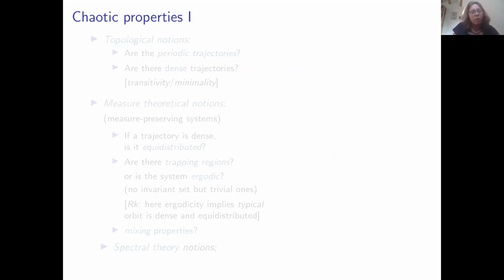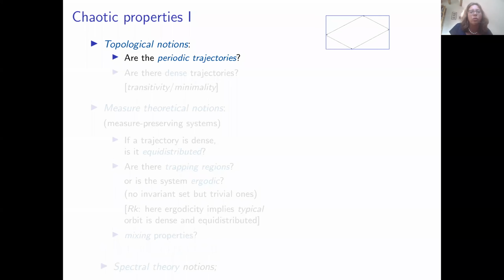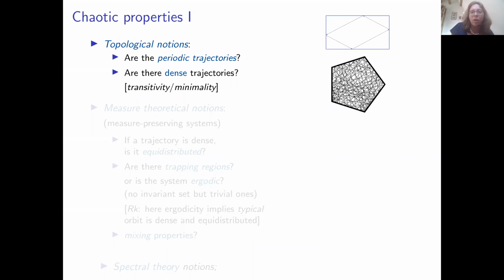Okay, so I want to now discuss for a second which type of chaotic properties I want to discuss. Of course, when I say chaotic properties, there is a range of features we may be interested in, and they span from topological dynamics, so basic notions like: are there periodic trajectories, are there dense trajectories, so minimality when all trajectories are dense.